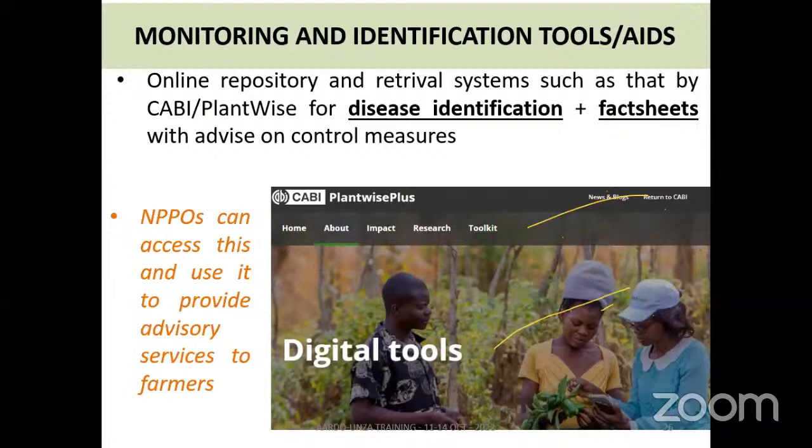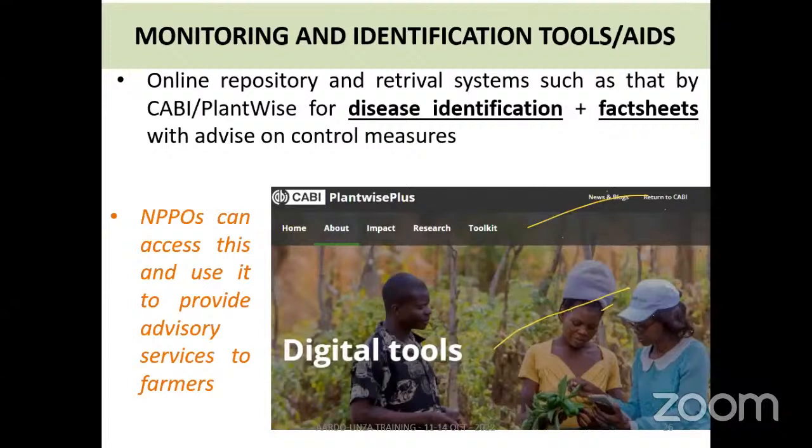But also, these same databases have fact sheets on numerous diseases. So once you find what disease you need to deal with, you might find a fact sheet on that disease, which tells you how the disease spreads and what control methods are effective against this pathogen.